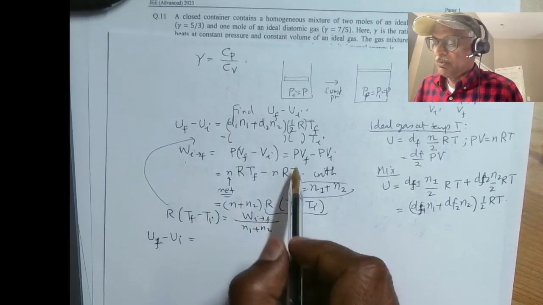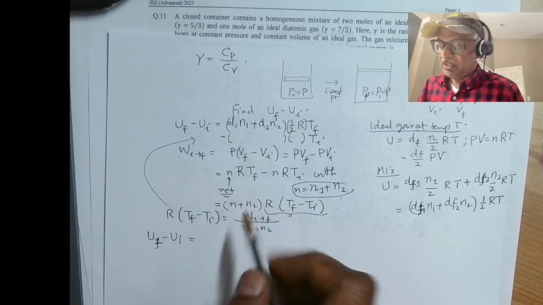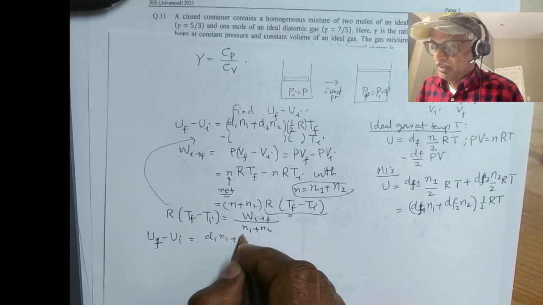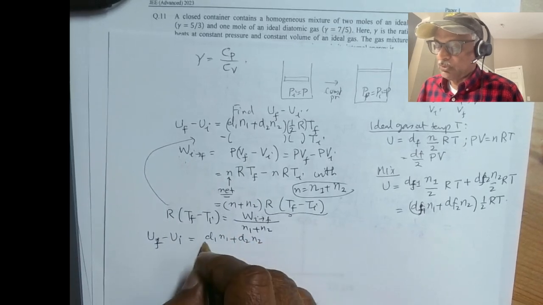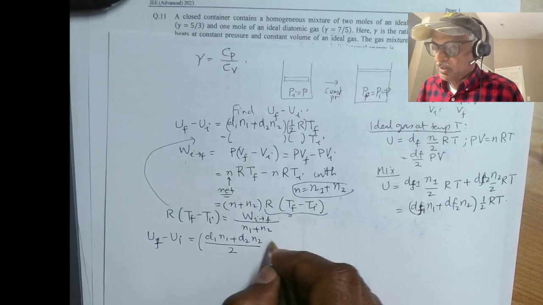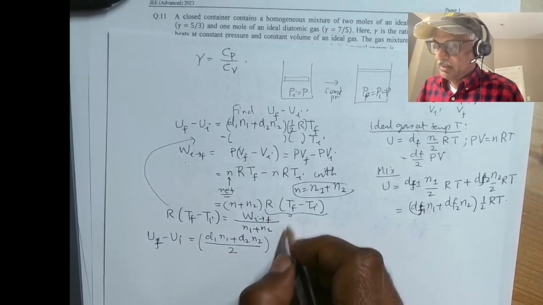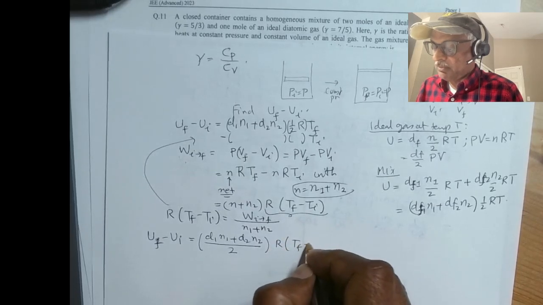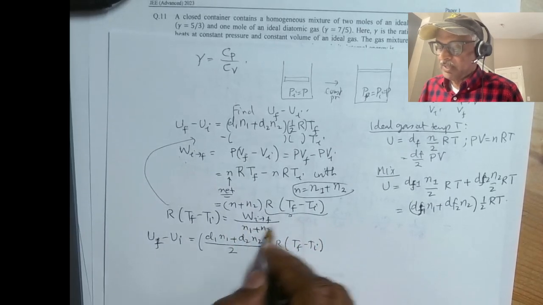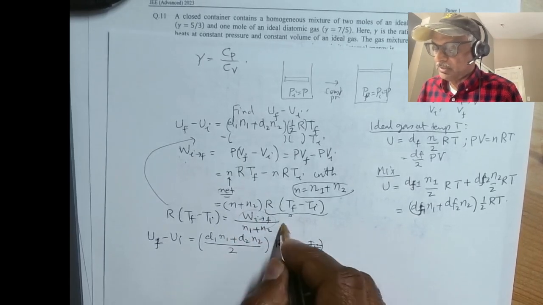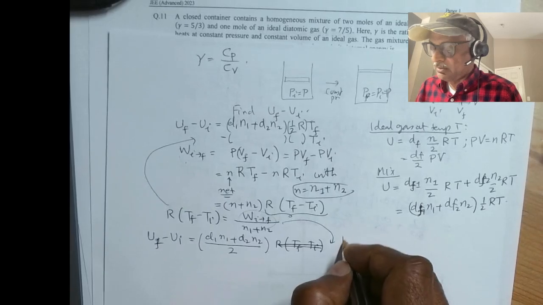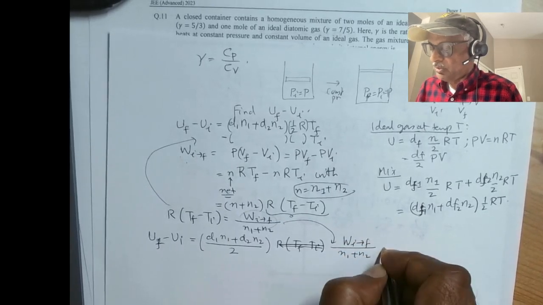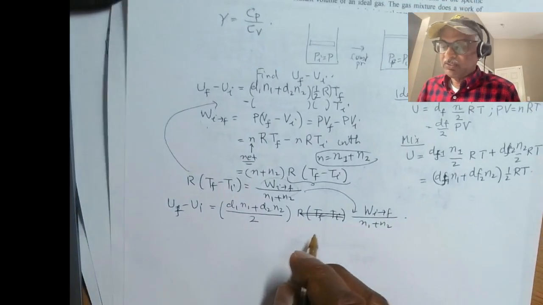And you can see over here you have D1 N1 plus D2 N2 over 2 times R times TF minus TI, and for that I can use this. So this whole thing can come down here, W I to F over N1 plus N2, and now everything else is known here.